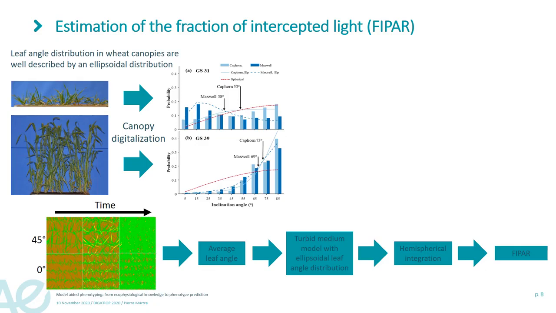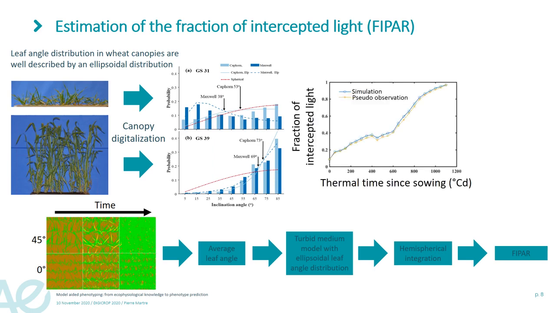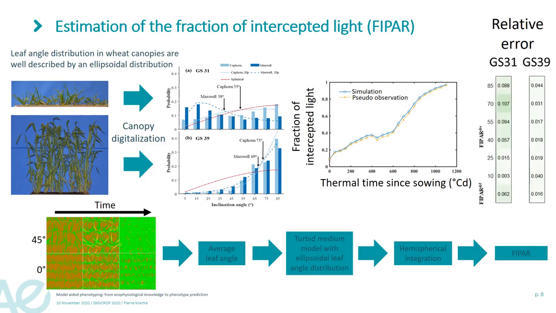And so with this estimation of the average leaf angle, we can use it as input of a turbid medium model with ellipsoidal leaf angle distribution to estimate the fraction of intercepted PAR with a good accuracy, both for direct PAR in different directions, different angles, and also for diffuse PAR.